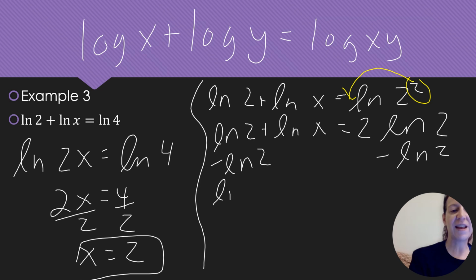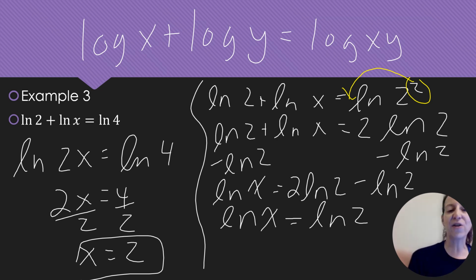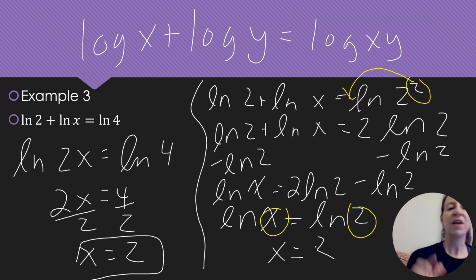So they get natural log of x is equal to 2 natural log 2 minus essentially 1 natural log 2, and 2 natural log 2 minus 1 natural log 2 is just natural log 2. And then they use the property that allows them to set the arguments equal, and they get x equals 2.